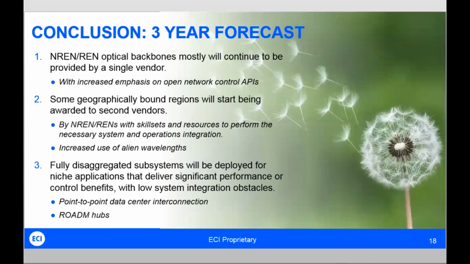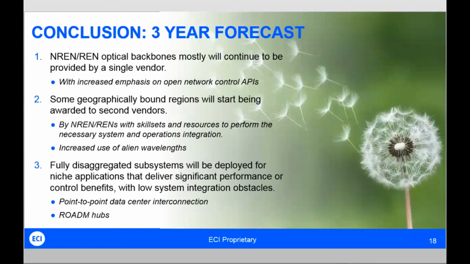So I think the question is that each individual NREN will be providing different services, and I'm assuming from the context of the question that you're asking, how will those NREN to NREN services be integrated?